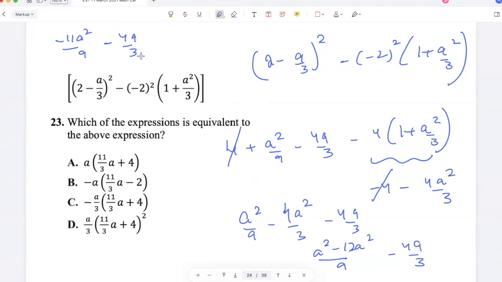I think I can take minus a by 3 common. So I get minus a by 3, and then this becomes 11 by 3 a plus 4, right? So minus a by 3 (11 by 3 a plus 4), option C.